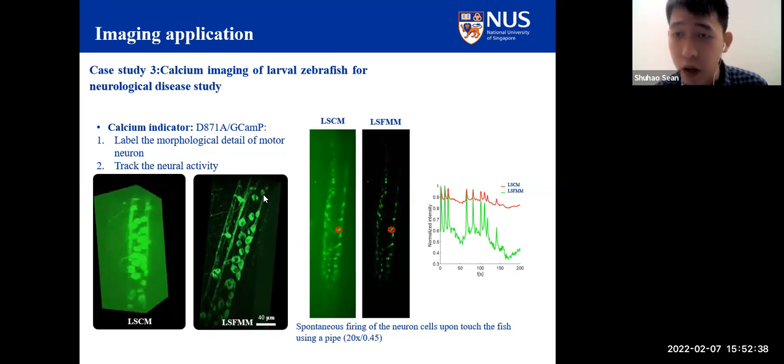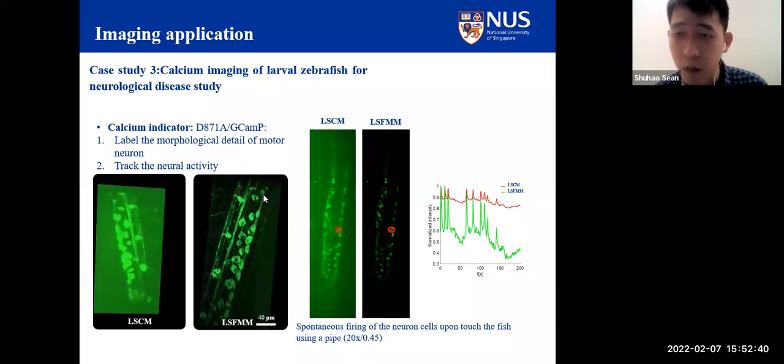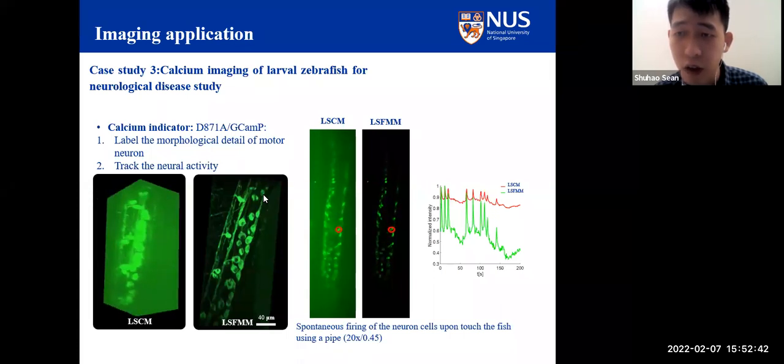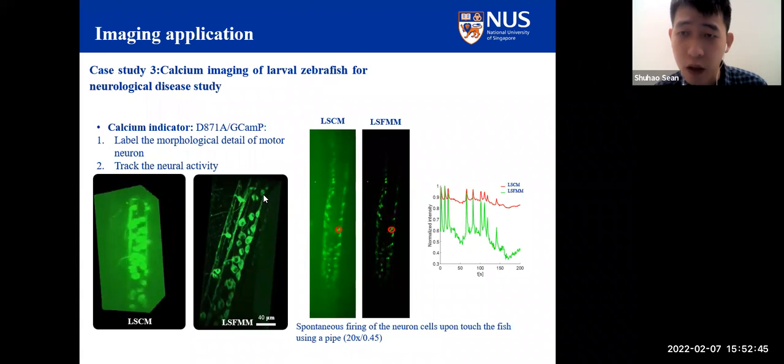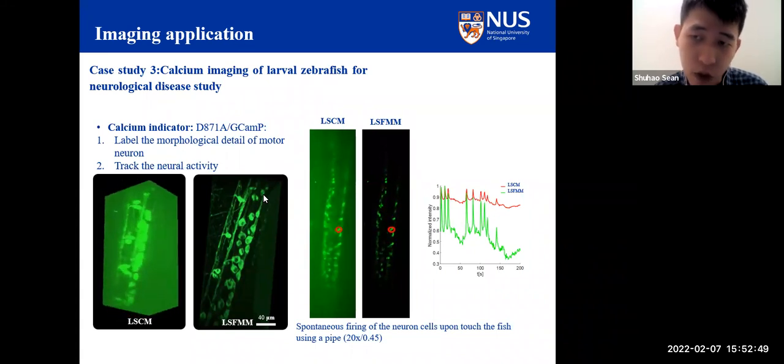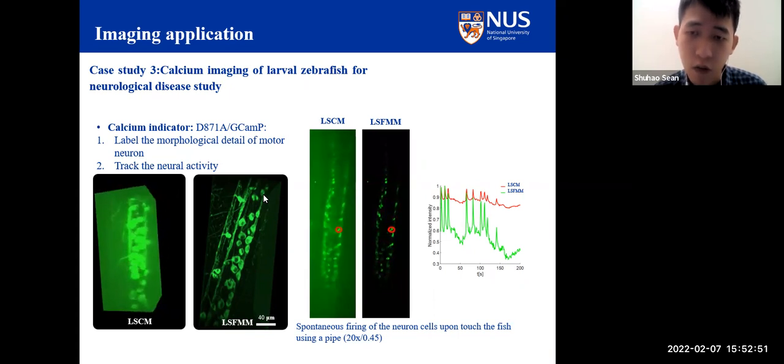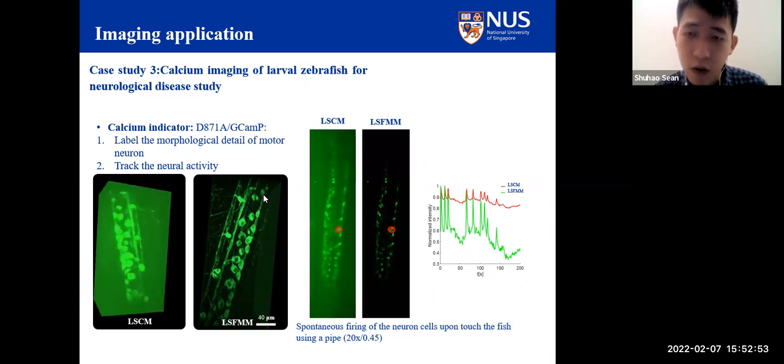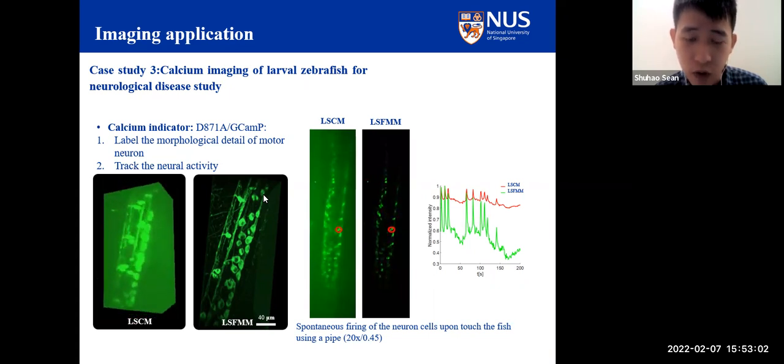You can see that compared with the confocal microscope image, the LSFMM has less background and better sectioning ability. It can capture only the focal regions with signal fluctuations, so we can get a larger dynamic range of intensity after post-analysis, which is good for quantitative analysis.